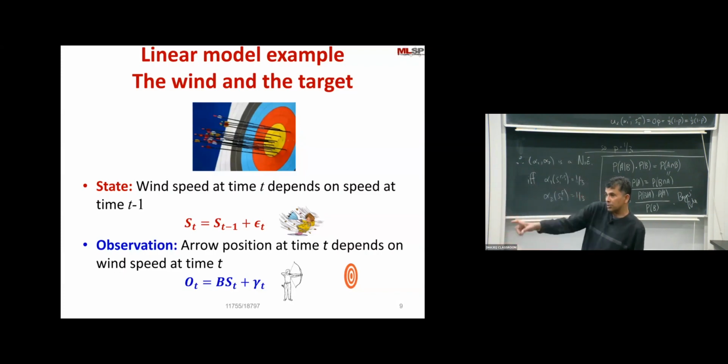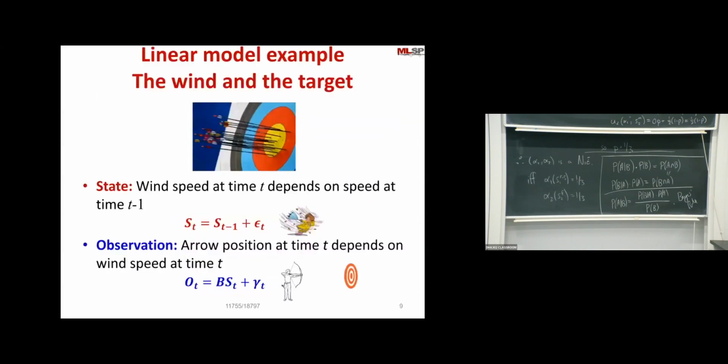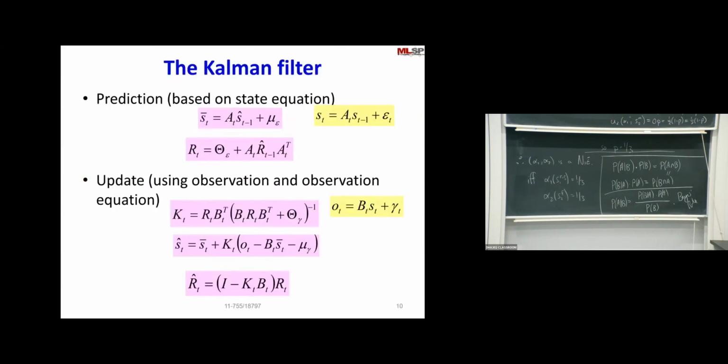The observation at any time is going to be a linear function of the wind velocity, right? And there will be a perturbation, which is your observation noise. And so based on observations, you had to predict the wind velocity. And from these equations, we came up with the Kalman filtering equation.